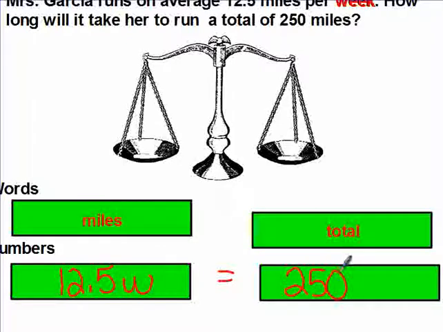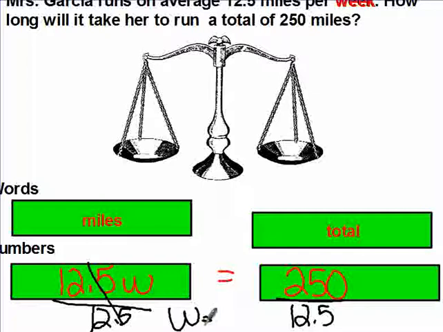I ask myself who's bugging W, because I want weeks, or W, by itself. 12.5 is bugging W. The opposite of multiplying is to divide. So I now have 250 divided by 12.5, which will get W by itself.